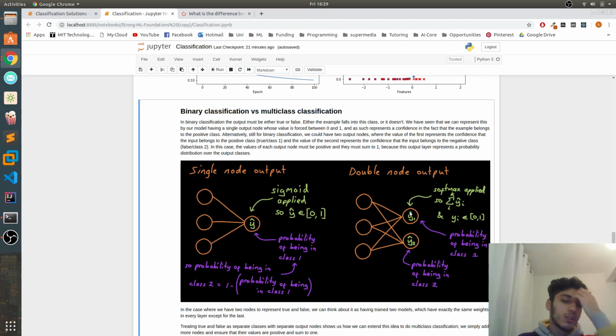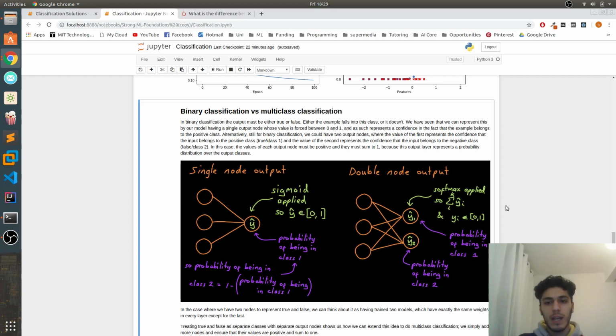Okay, so we also change our activation function depending on exactly the problem that we're trying to solve. If our classes are mutually exclusive, what that means is that two classes can't be true at the same time.